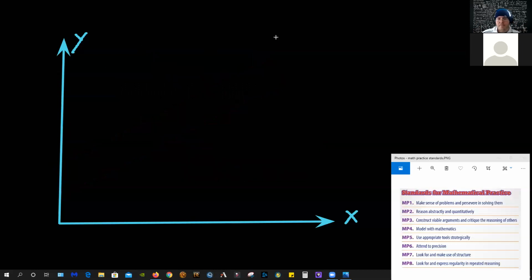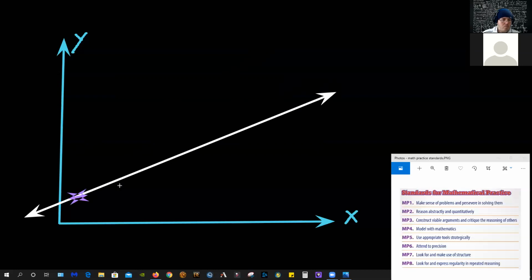What if our lines look something like this? In this case, the two lines are the exact same.